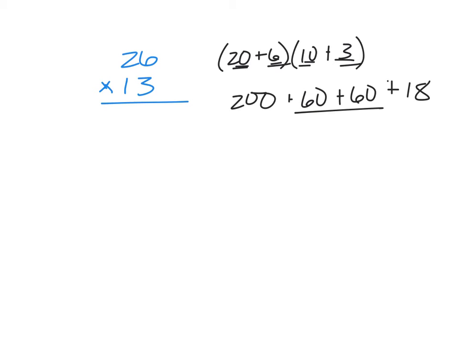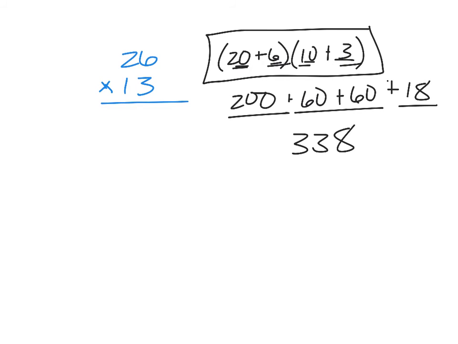So then that's 120. Plus 200 would be 320. Plus another 18 would be 338. So it's just a different way of doing it. Again, this whole form here we refer to as FOIL, and we'll look at that again later on, like I said, in algebra.